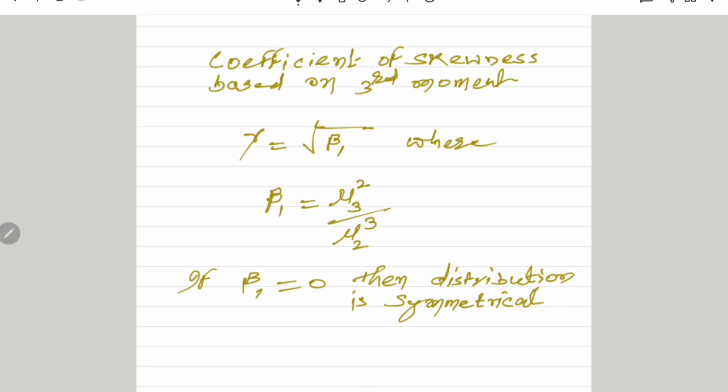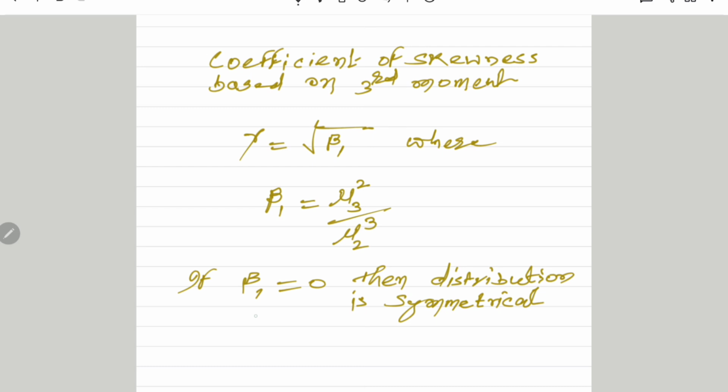Next point is the coefficient of skewness. Skewness means when there is a lack of symmetry, then it is called a skewed curve. The coefficient of skewness based on the third moment is denoted by gamma as square root of beta 1, where the value of beta 1 is mu 3 square divided by mu 2 cube.